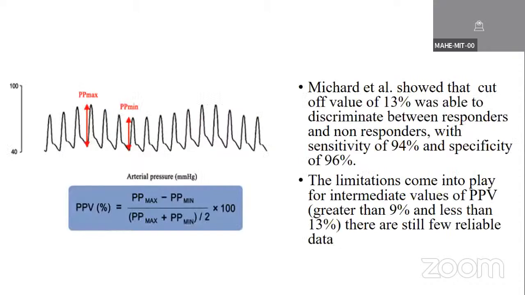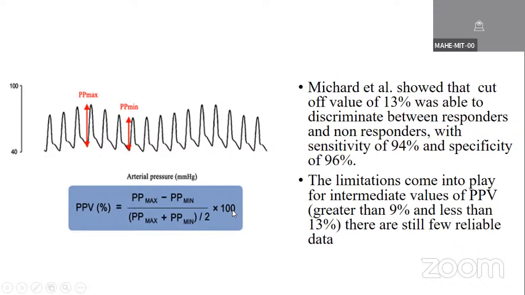So here I showed you previously, this is the upstroke, which corresponds to the raised intrathoracic pressure, and at the end of inspiration we calculate the PP max, whereas at the end of expiration we calculate the PP minimum. So pulse pressure variation is calculated by PP max minus PP minimum divided by PP mean, times 100.